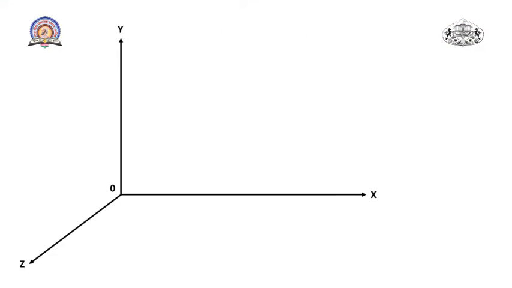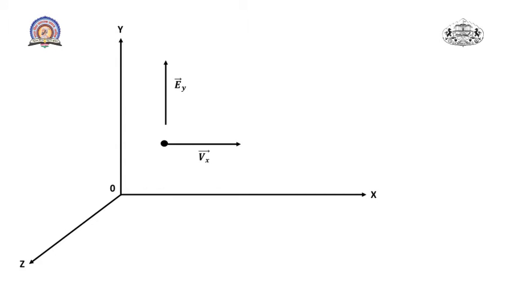The path followed by the charged particle in a perpendicular electric field is parabolic in nature. With the help of a 3D coordinate system we can represent the motion of the charged particle. The velocity of the charged particle is along the x direction, and the intensity of the electric field is along the vertical y direction. The velocity along the x direction is not changing with respect to time in the perpendicular electric field.